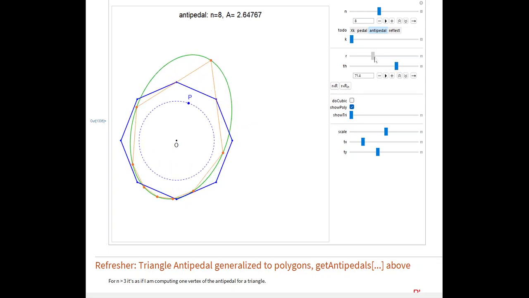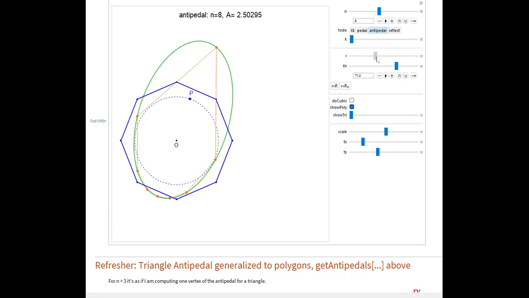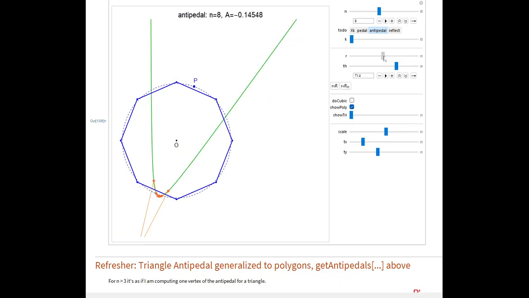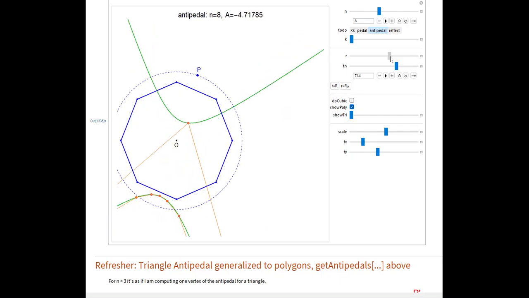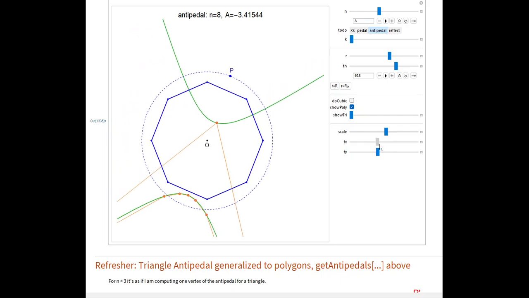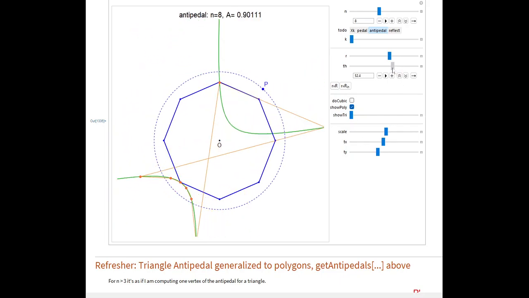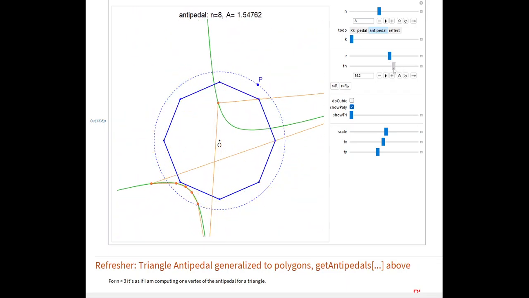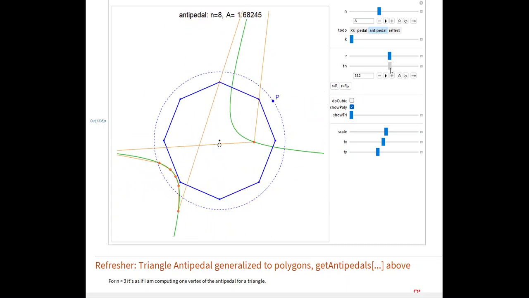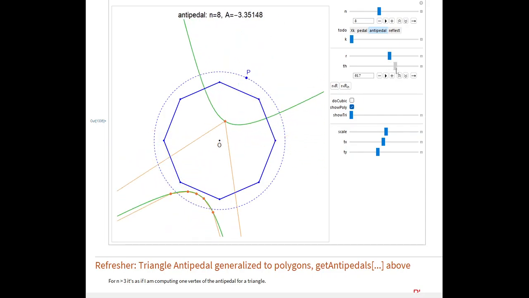Let me go ahead and change the position of P here. Let's place P outside of the polygon. Okay, now there are some positions of P where your conic is actually a hyperbola. Okay, so this is the conic that passes through the n antipedal points of P with respect to sides of this regular polygon.